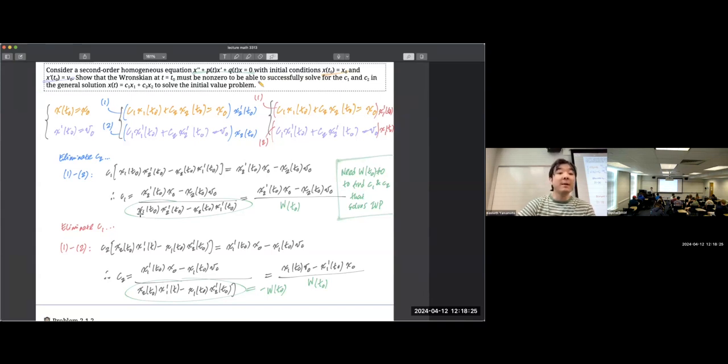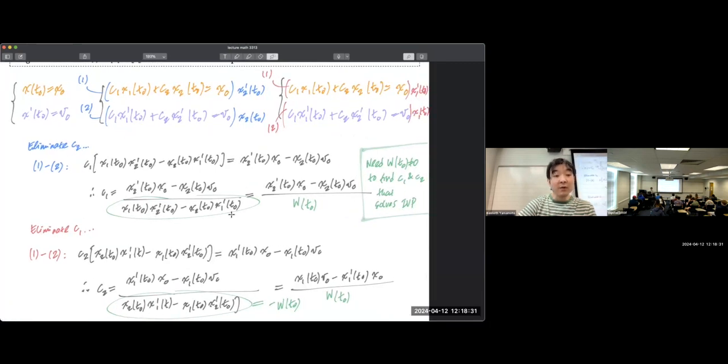So what does that mean? Your x1 and x2, which the Wronskian is built off of, we just have to make sure those x1s and x2s are not going to give you this expression becoming 0, which actually means that your x1 and x2 have to be linearly independent solutions to the homogeneous equation. They can't be constant multiples of each other.